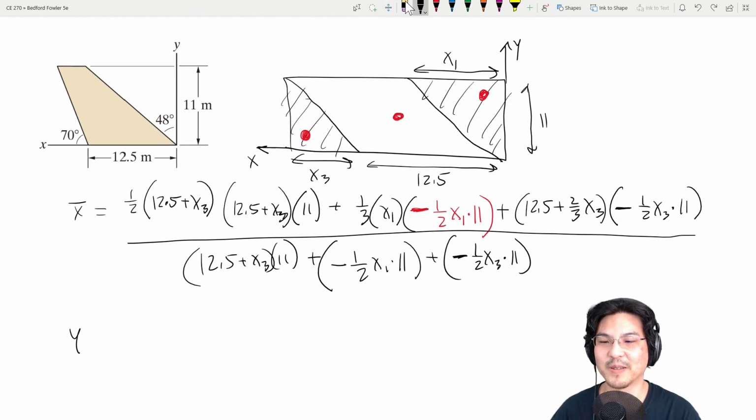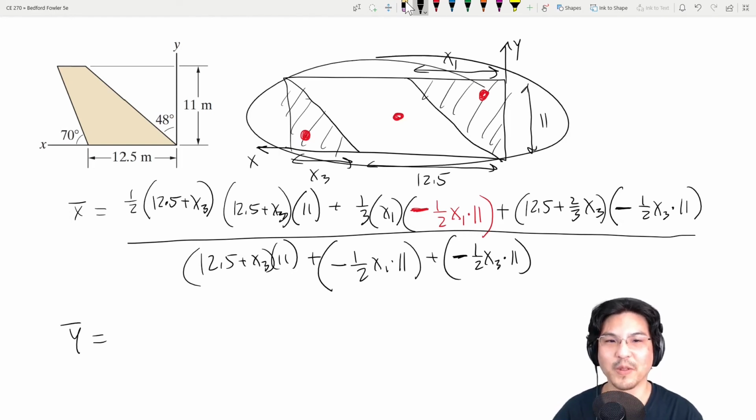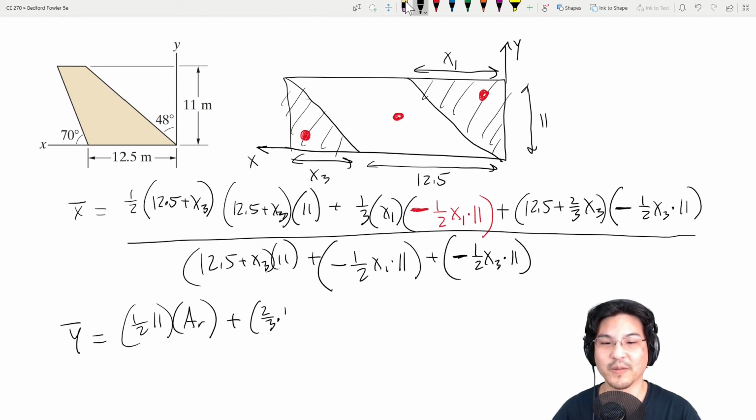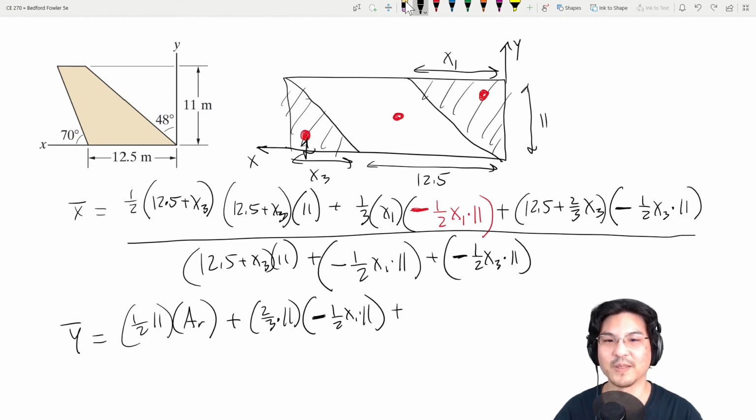And then for the y direction, kind of similar: for the entire rectangle, here to here, half of 11 times the area of the rectangle, which is here, plus here to here, which is 2/3 of 11 times this area, which is negative, plus here to here, which is 1/3 of 11 times the area of this, which is negative, right?